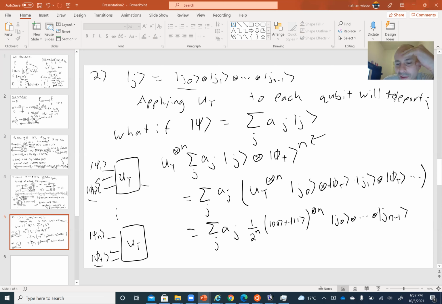Now I've played, again, just like before, a little bit of games in terms of moving around the locations of where the j's and the phi pluses are in the tensor products over here. The two are logically equivalent and don't change anything.